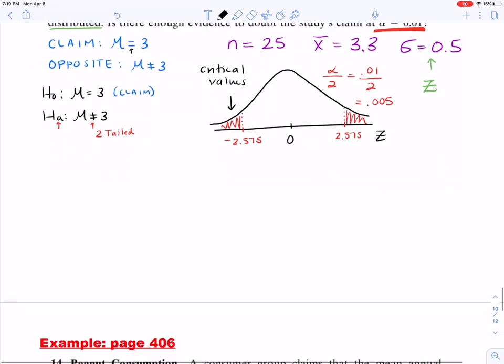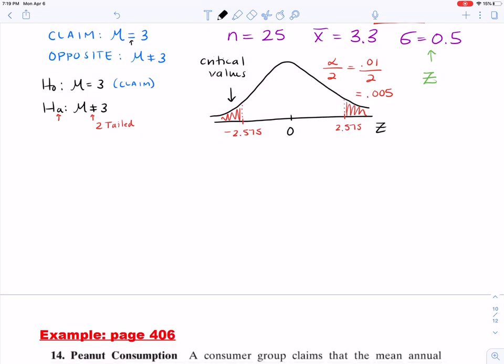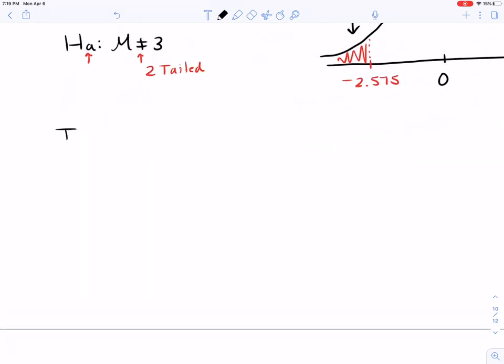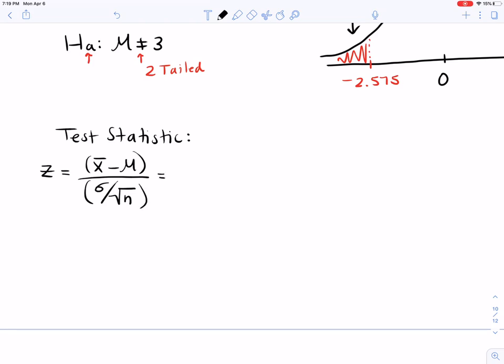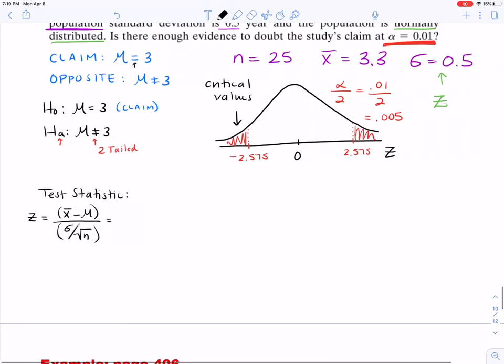Now, the test statistic, which is where I'm going to go from here, the test statistic is a formula. All right, and we define that formula in our basic steps here as taking the sample mean minus the value of mu and dividing by the standard error, which is sigma over the square root of n. And because I've laid out everything for my sample here, this is really just going to be a matter of plugging everything in.